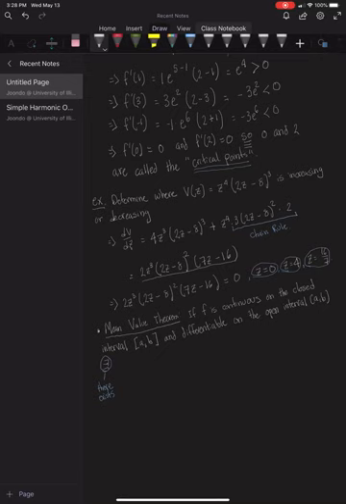There exists at least one c in the open interval such that f prime of c is equal to f of b minus f of a over b minus a. Okay?